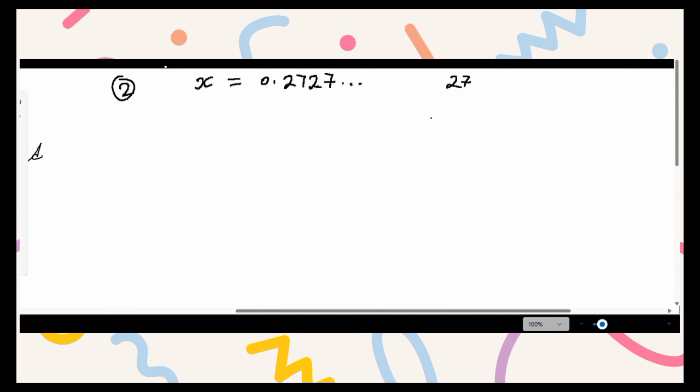27. Okay, and since the repeating digits is 27, how many digits are there? 2, right? So we're going to get 27. What can we do to get 27 out of the x? If I multiply the x, the 0.27 by 100, that is where I'm going to get 27, isn't it?